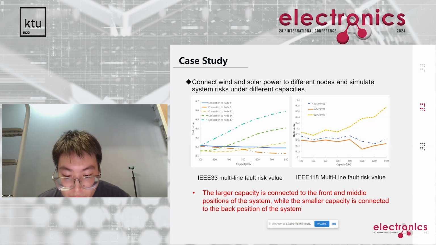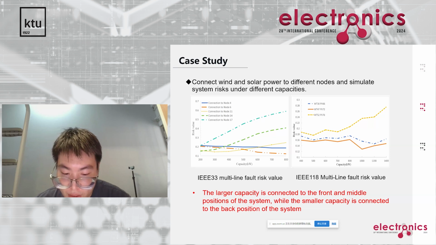Here we demonstrate the connection of wind and photovoltaic systems at different nodes and capacities, and analyze the system risk values. Firstly, the left shows the risk values of multiple scenarios in the IEEE 33 bus system.